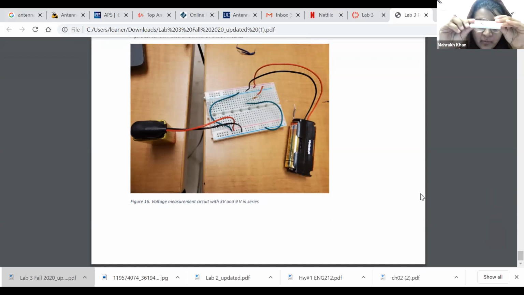Then I will see everyone's circuit one by one, and then we will connect batteries together, okay?